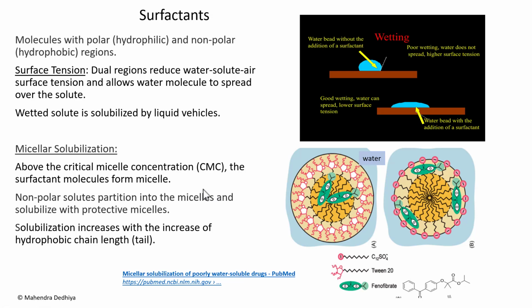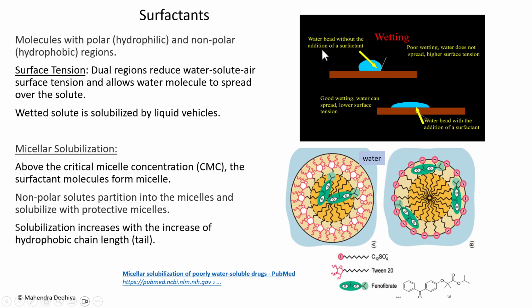Surfactants. These are molecules that contain both polar and non-polar groups. They reduce surface tension between water, solute, and air and allow water molecules to spread. So it acts as a wetting agent.